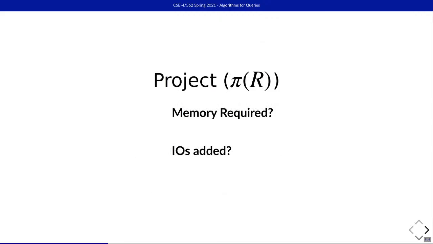And just like selection, this doesn't add any new memory requirements and doesn't add any extra I/O, because again, we're only ever looking at one tuple at a time. All of the I/O that might be needed for a query with a projection comes from the operators below it.